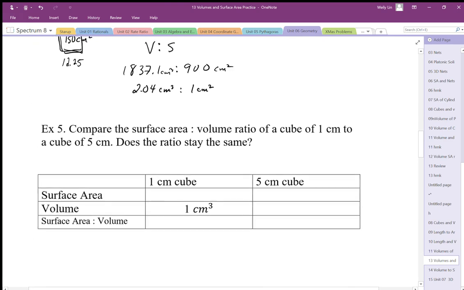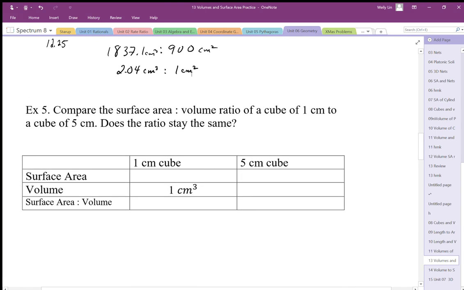So if we take a look at the surface area to volume ratio of a 1 centimeter cube compared to a 5 centimeter cube, well, on a 1 centimeter cube, there are 6 surfaces, and each surface is 1 centimeter squared. So this is going to be 6 centimeters squared.